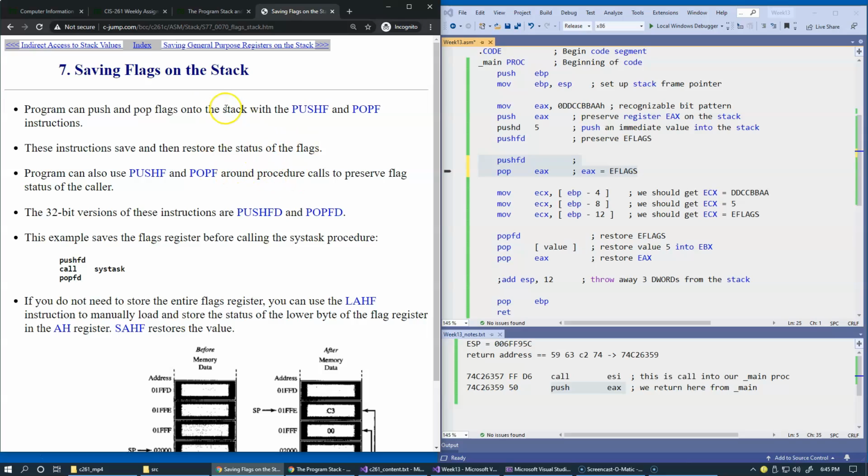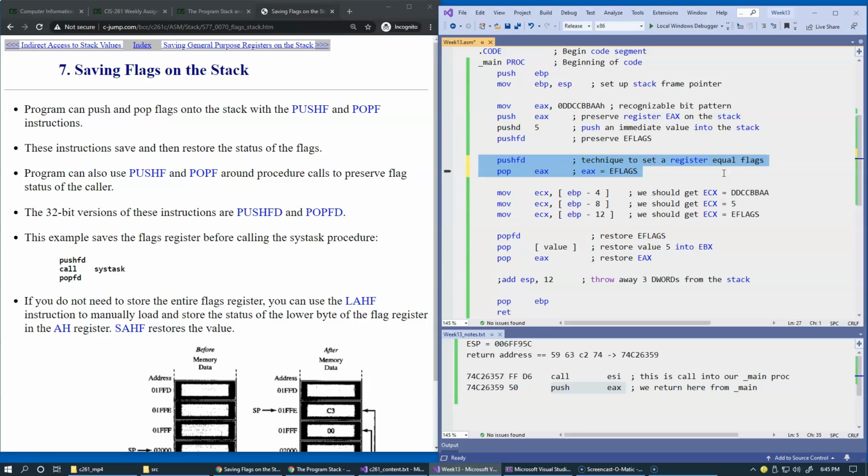All right, so this is regarding the flags. We can say here it's a technique to set a register equal to the flags. So instead of a move instruction, we can use push and pop.